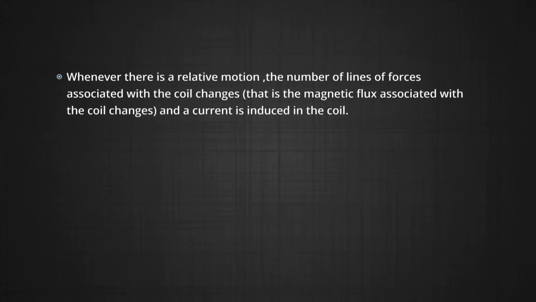What happens when there is a relative motion between the two or when there is no relative motion between them? The answer lies with magnetic flux. Whenever there is a relative motion, the number of lines of force associated with the coil changes. That is, the magnetic flux associated with the coil changes and a current is induced in the coil.